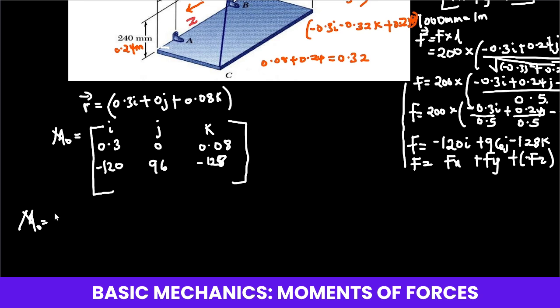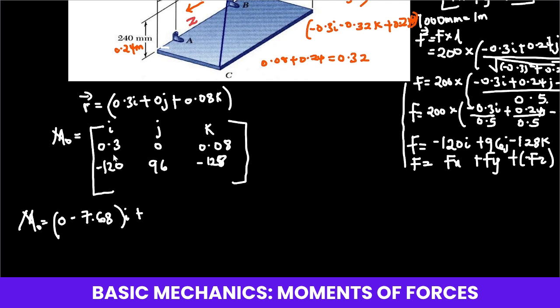So 0 times this will give us 0 here, then minus, then we have 96 over here multiplied by 0.08, in which we are going to get 7.68. Fantastic, right? Then we bring the I over here.